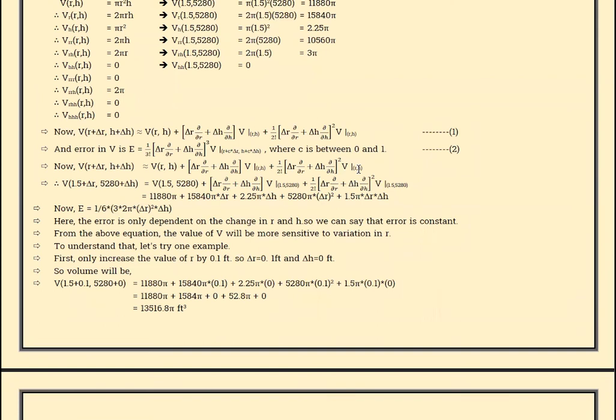Now here V(R + ΔR, H + ΔH) is equal to as following, and as we put R equal to 1.5 foot and H equal to 5,280 foot, our volume equation becomes 11,880π plus 15,840π ΔR plus 2.25π ΔH plus 5,280π ΔR² plus 1.5π ΔR ΔH, and our error term becomes 1/6 times 6π ΔR² ΔH.